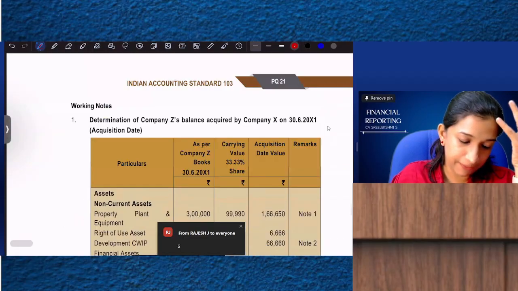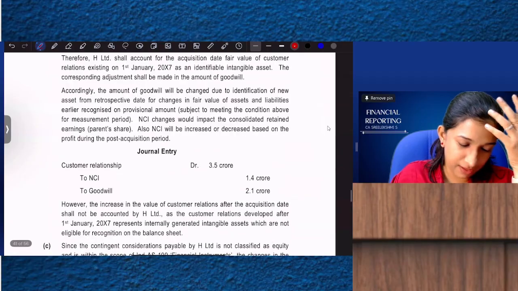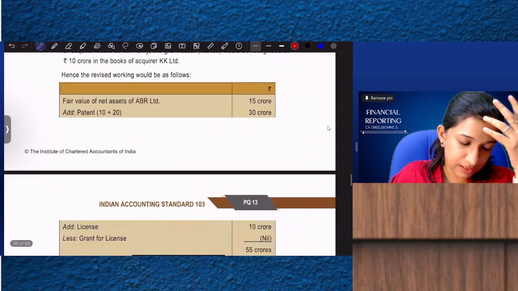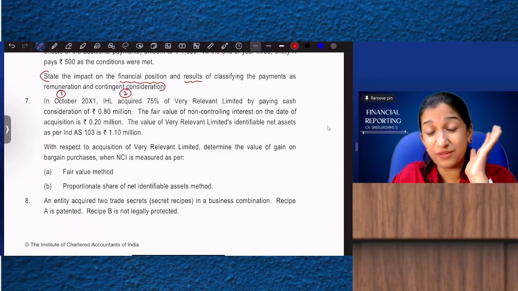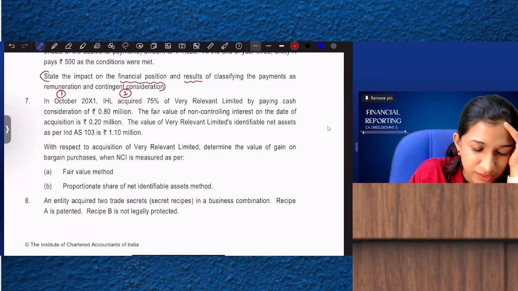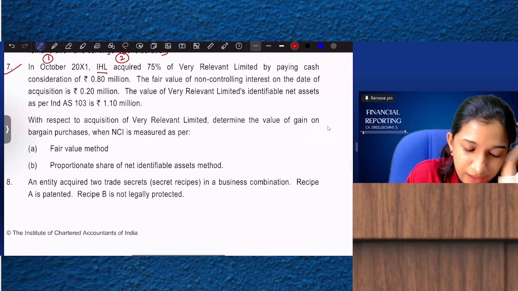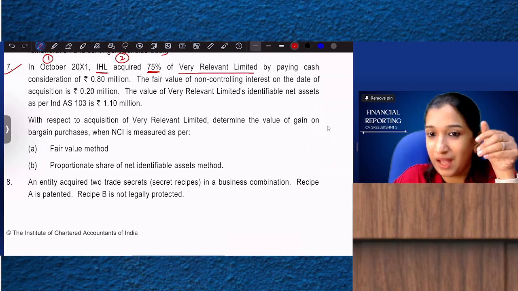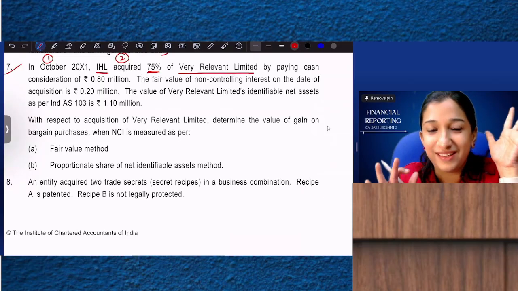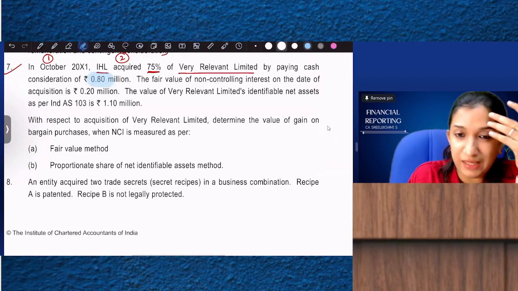Question number 7. Practice question number 7. We could have skipped this question if it was not a new one. On 1st October, IHL acquired 75% of Very Relevant Limited, the acquiree, by paying cash consideration of 0.8 million.